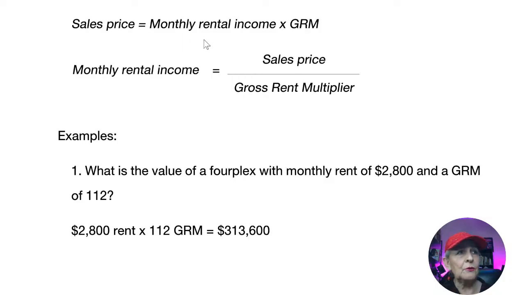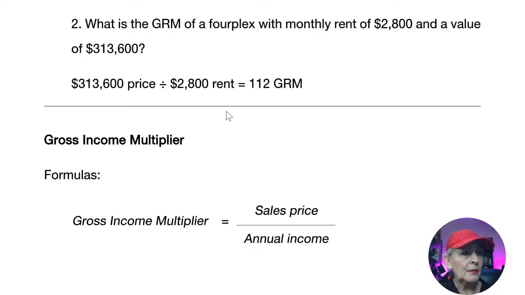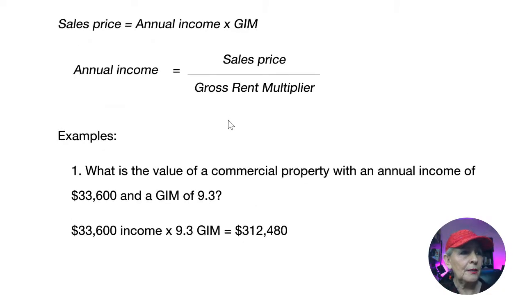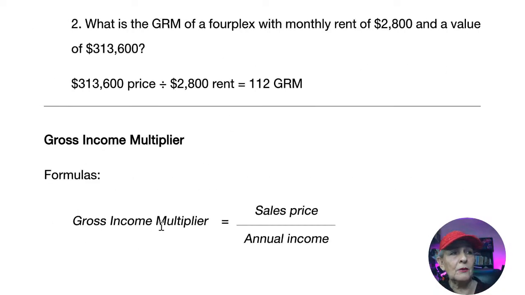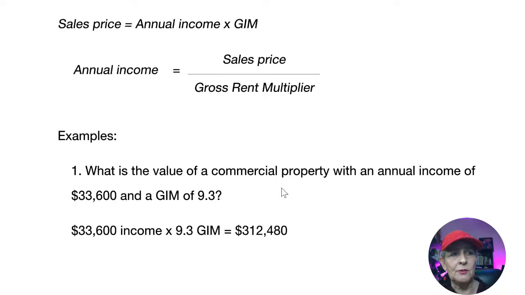So the sales price equals monthly rent income. They're just moving the factors around. So here we had GIM, sales price over annual income. Here we have sales price, so it'll be annual income times GRM, or annual income equals sales price divided by GRM.